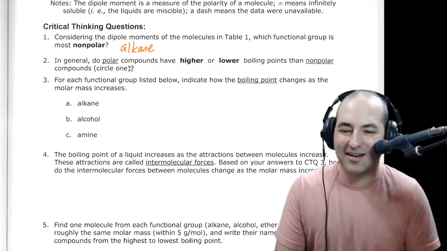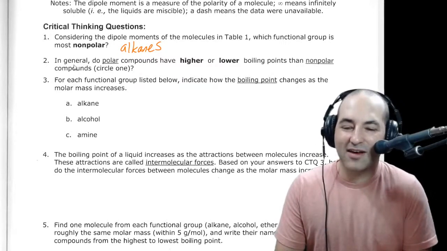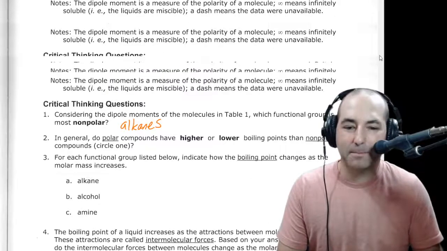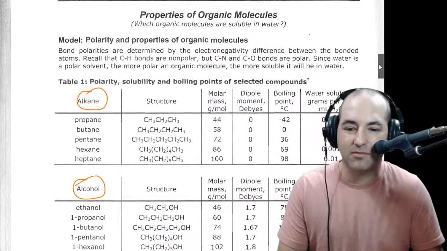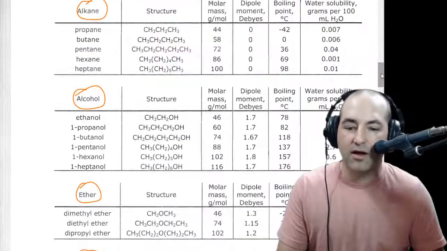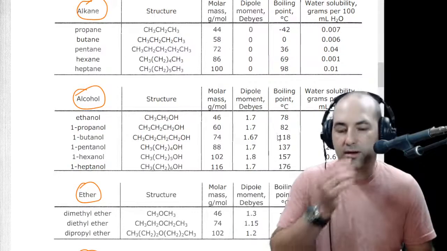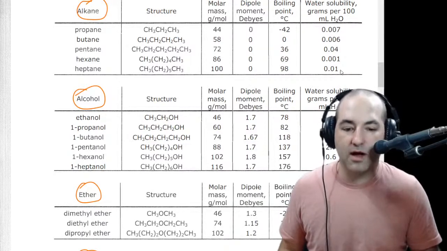Okay, moving on. So you've got the alkanes, which are the functional groups that are the most nonpolar. And then in general, do the polar compounds have higher or lower boiling points than nonpolar compounds? So we will look up at the table. Again, we can look at the ones that are nonpolar versus the ones that are polar and make some general conclusions about boiling points. Because there's a big list and a big variation in numbers, we have to think about how to compare these things so that we're comparing similar molecules.